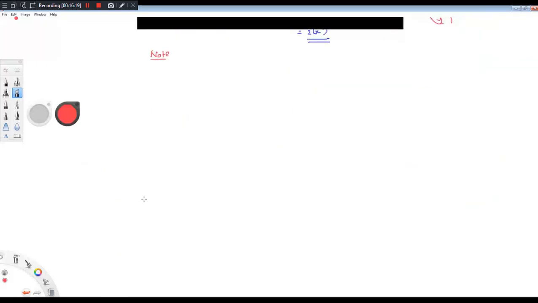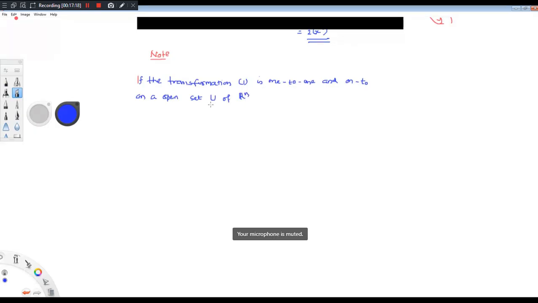So what should be the condition? If the transformation 1 is one-to-one and onto on an open set U of R^n, you have studied one-to-one mapping and onto mapping, isn't it?